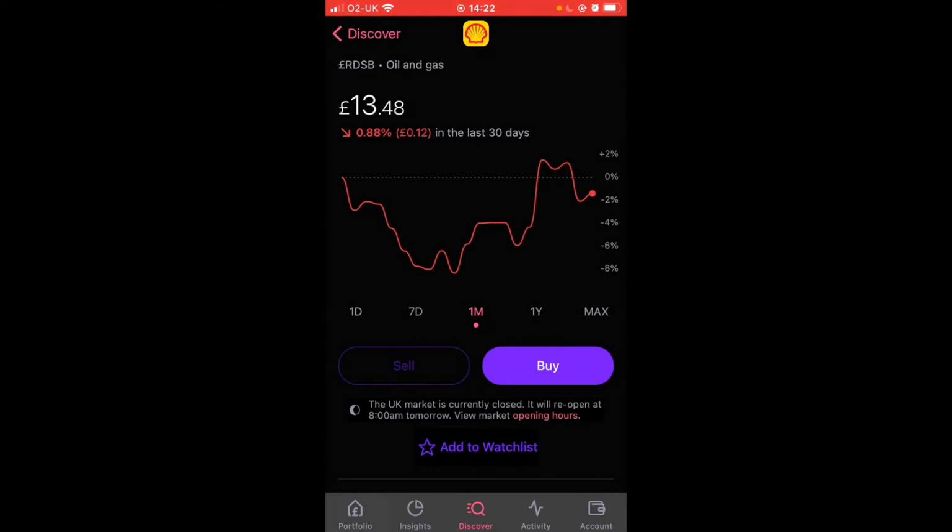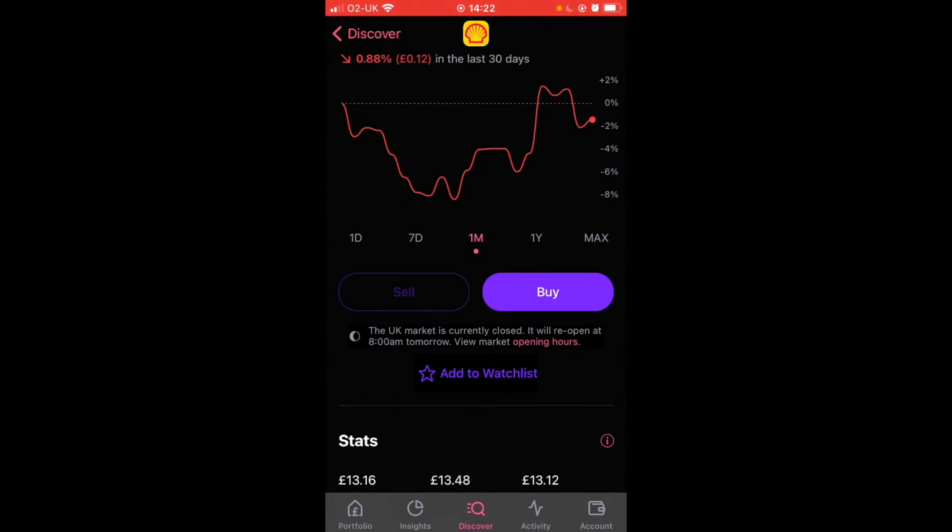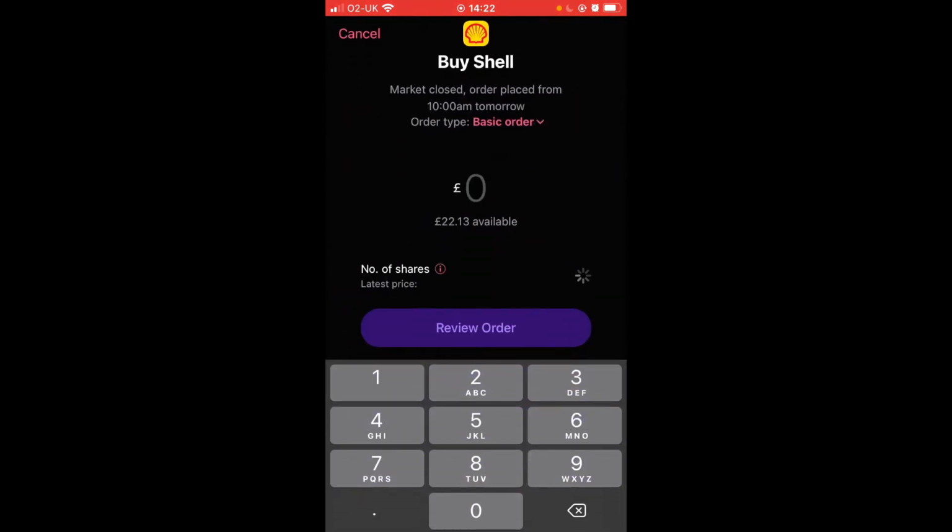Now when you look at purchasing a particular stock, it is very important to note that buying is done based on what value you want to invest in, as opposed to a specific number of shares.